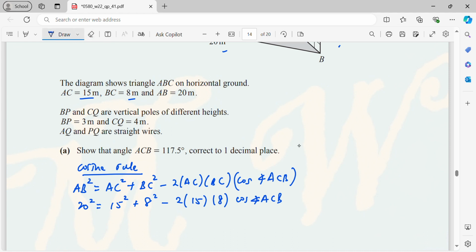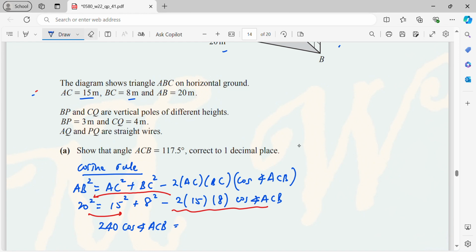To get the cos of the angle, since all this will be negative, I will move this to the left side, and the 20 squared to the right side.